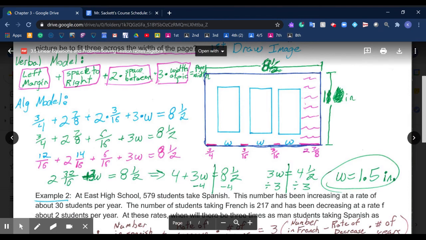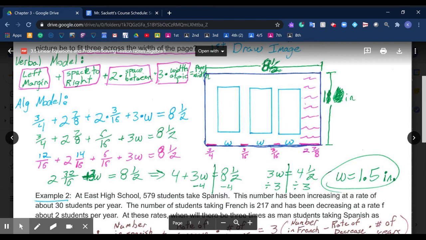3/4 becomes 12/16. To convert the bottom, 4 times 4 is 16. So the top, 3 times 4 is 12. Then the 2 7/8, converting the mixed number, you just leave the whole number in front alone. So the 2 is still a 2. And the 7/8 becomes 14/16. 8 times 2 on bottom, 7 times 2 on top.